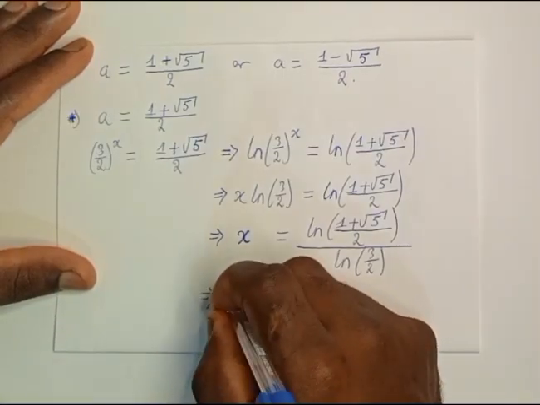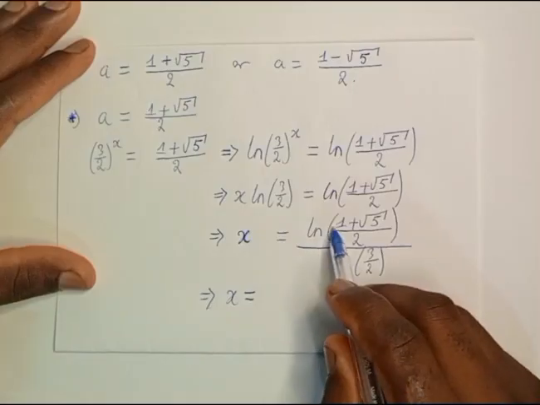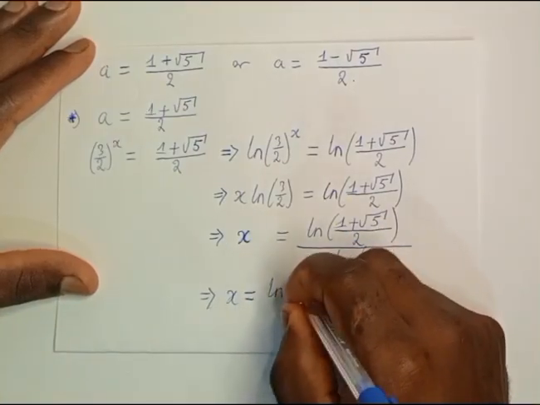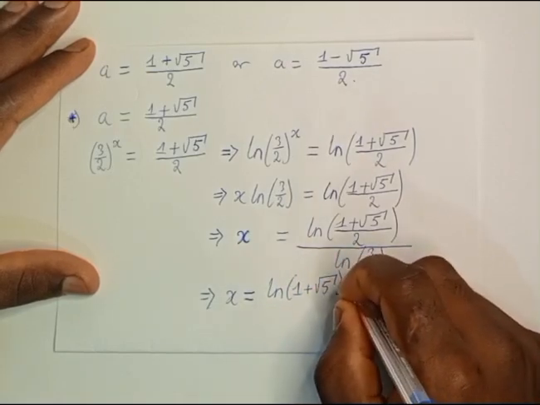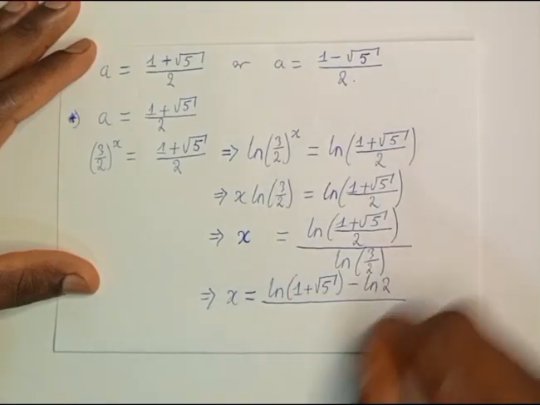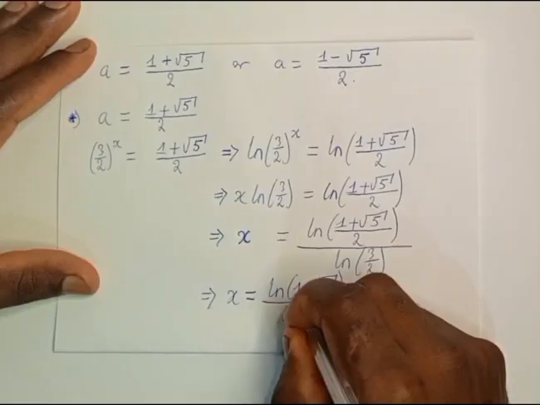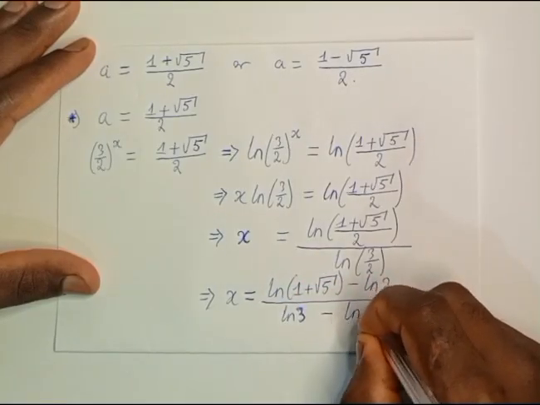Then x will be equal to, we can express the ln of 1 plus root 5 over 2 as the ln of 1 plus root 5 minus the ln of 2 all over the ln of 3 over 2. We can express it as the ln of 3 minus the ln of 2.